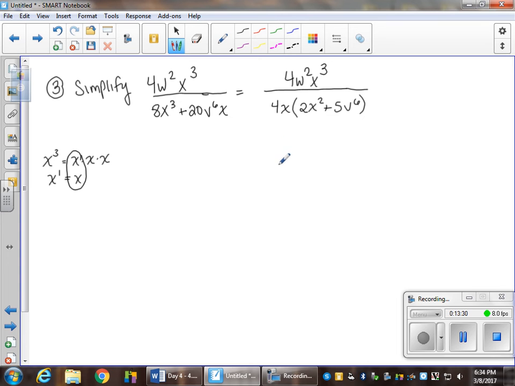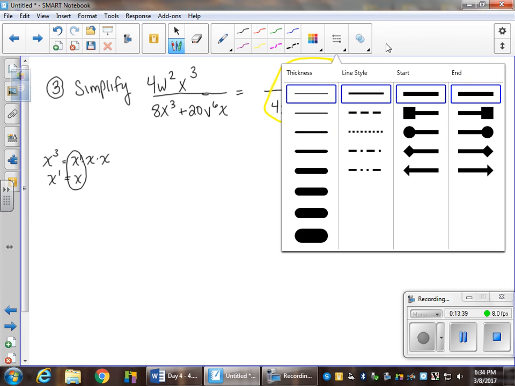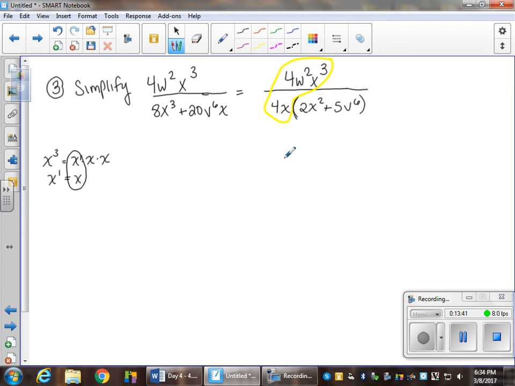Now this is important. Why can I simplify only these 2 pieces and not anything inside the parentheses? It's because these 2 terms are glued together by these parentheses. You are not allowed to cross off in any way, shape, or form anything inside these parentheses.